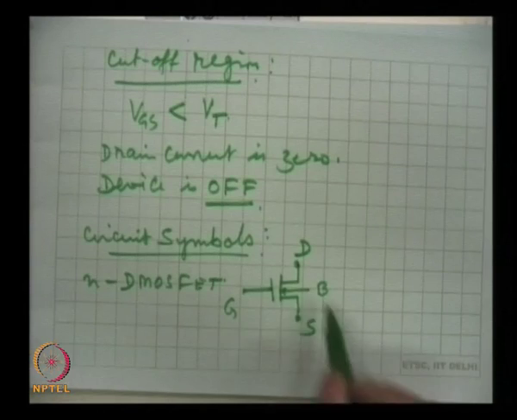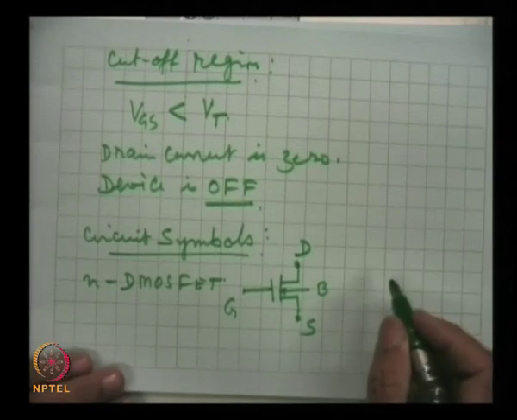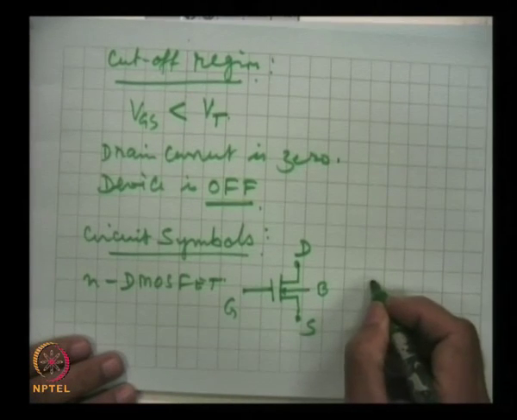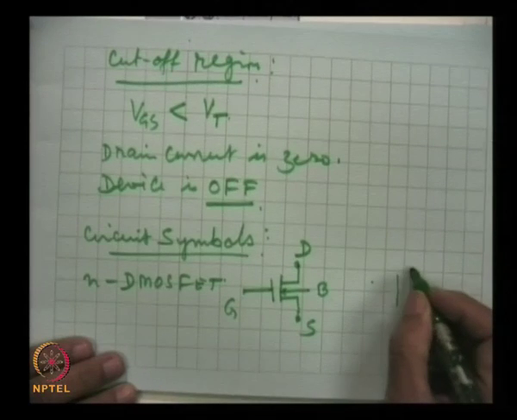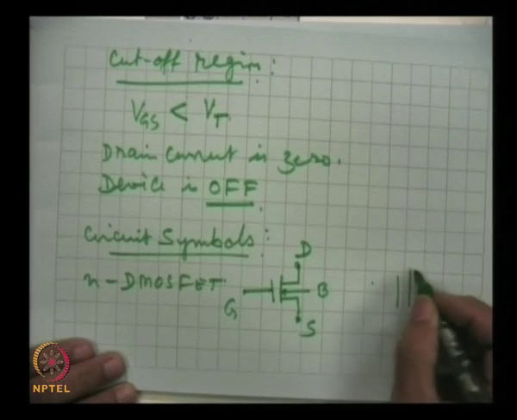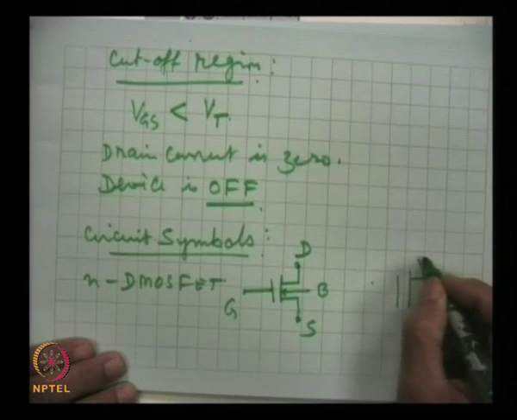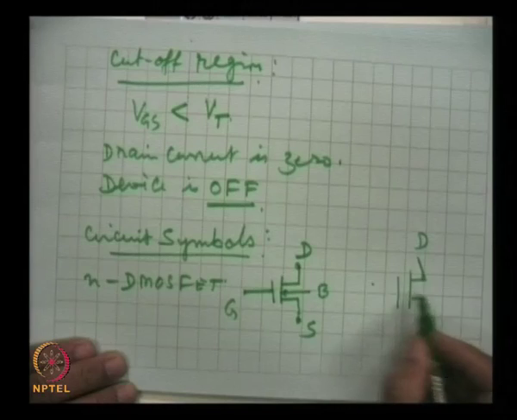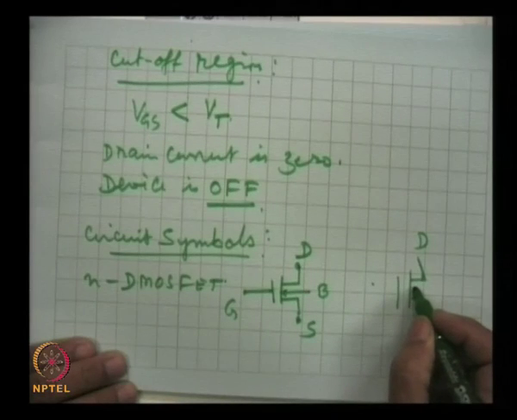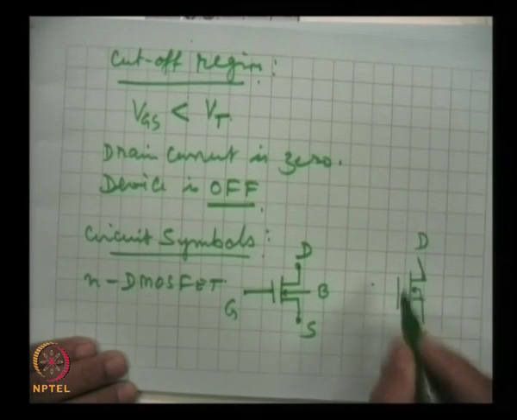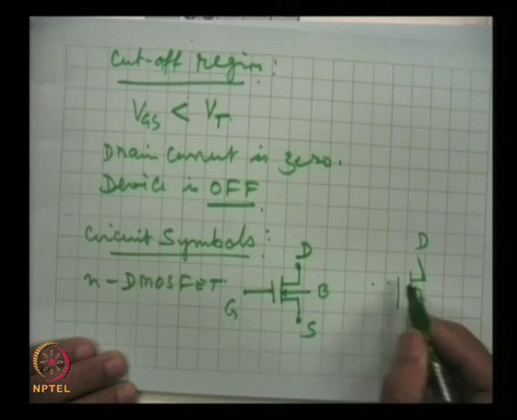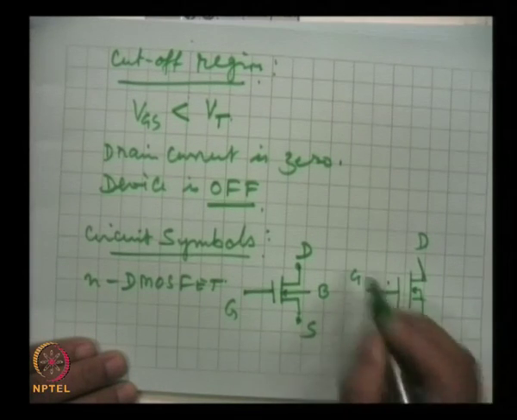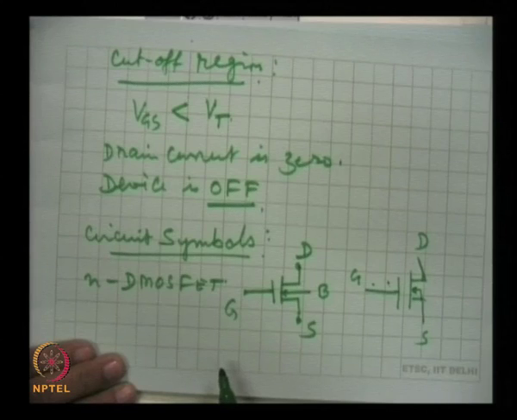So, normally the device is kept with 3 electrodes, and that is here: this is drain, this is source, and it is implied that it is shorted, and this is gate.